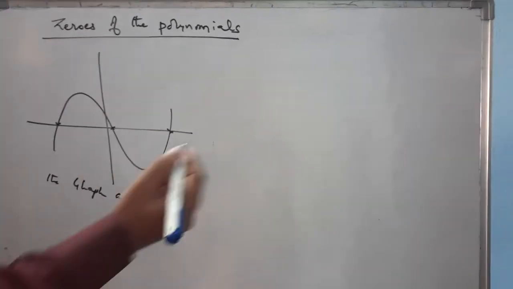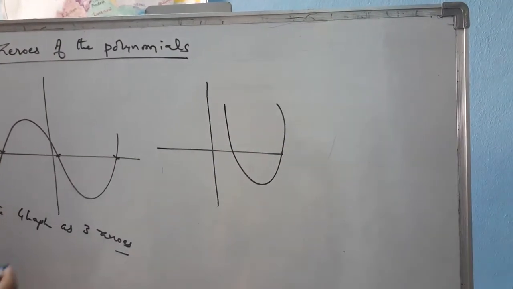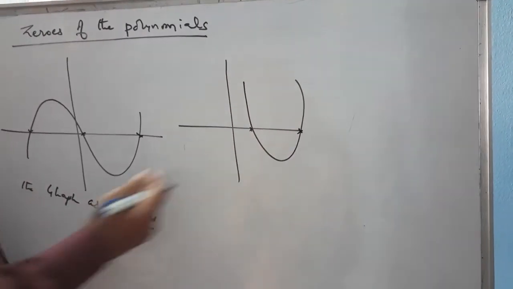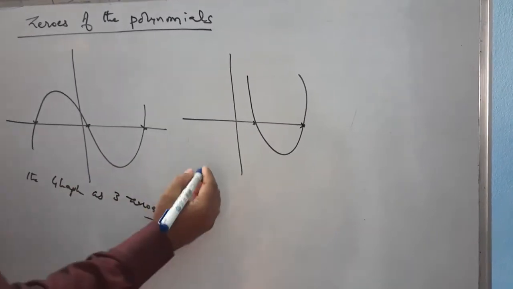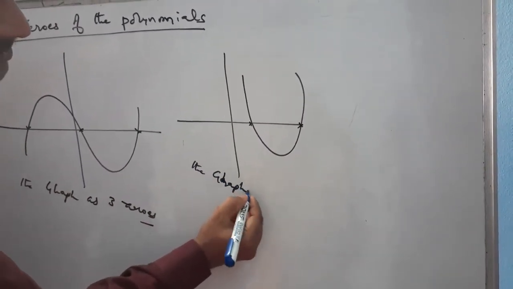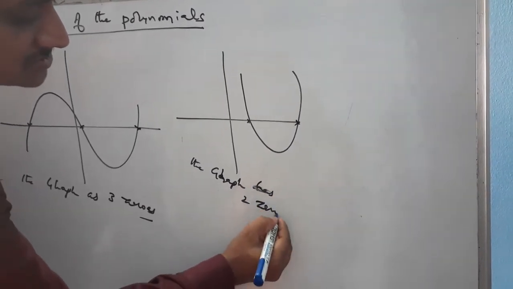Next, if the graph is like this, the curve cuts the x-axis at 2 distinct points, so the graph has 2 zeros.